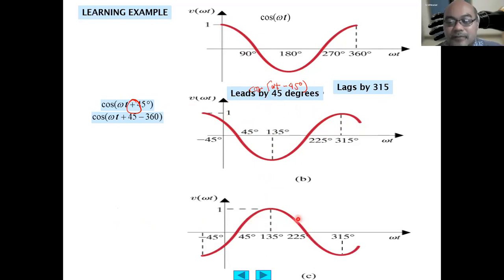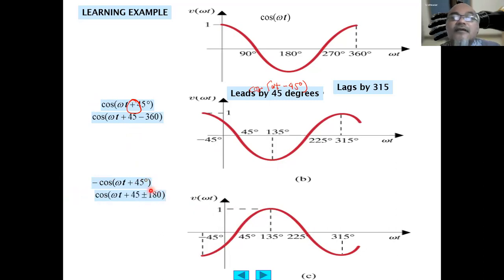So the third one, here we have the opposite of the B function. So this one then means we just need to put negative in front of this expression. So this wave is negative cosine omega t plus 45 degrees.